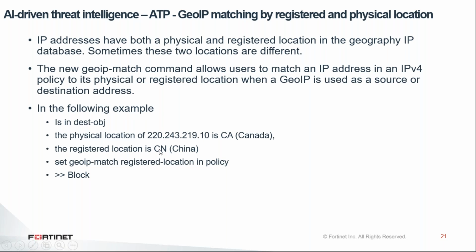And that's basically what's mentioned here. So in this case, if the IP address location is different than the one it's registered, it will not be allowed to do the communication. Tuning your security policy, optimizing your security policy, that's basically what we'll do with this kind of functionality.